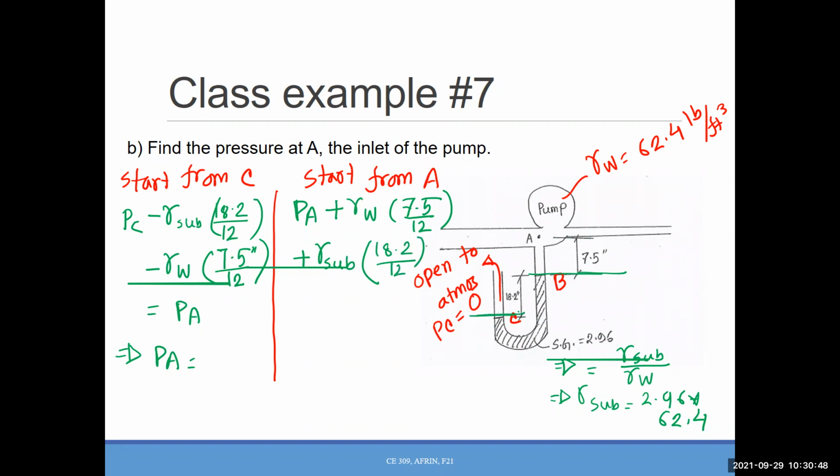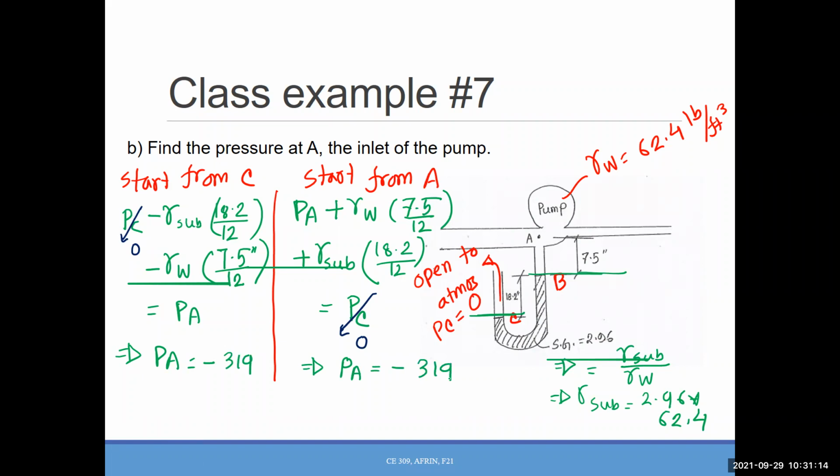Now, once you are here, that means it's PC, and we know the pressure at PC is what? 0. Now calculate the pressure at PA. If you calculate properly, some of you already got that number, you should get negative 319.